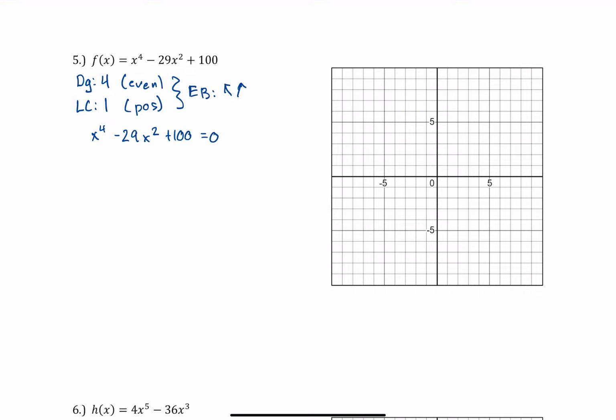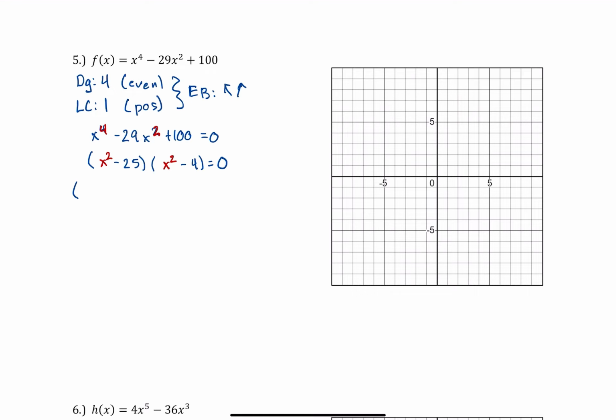Well, those are going to be minus 25 and minus 4. And the thing to note is because this is an x to the 4th and an x squared, you'll end up putting an x squared here and x squared here. So when you FOIL, everything still is going to be the correct powers.